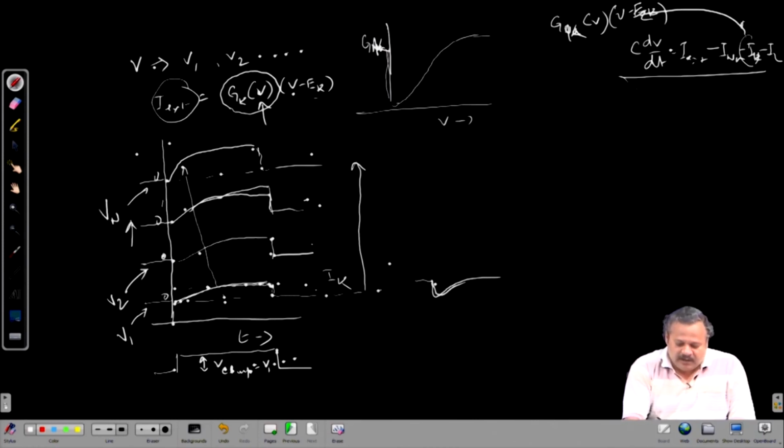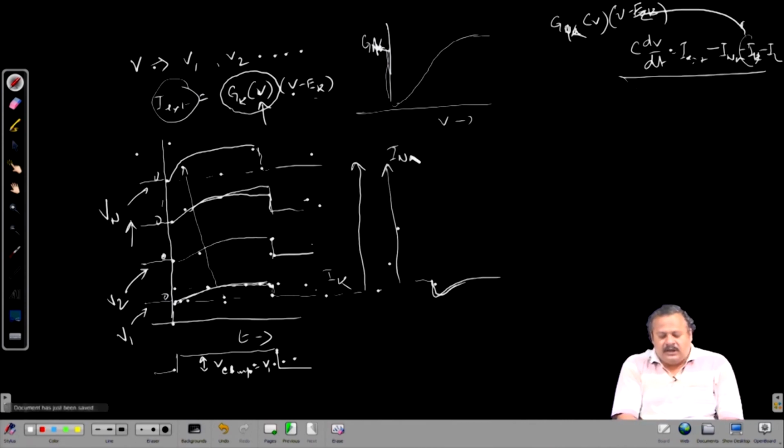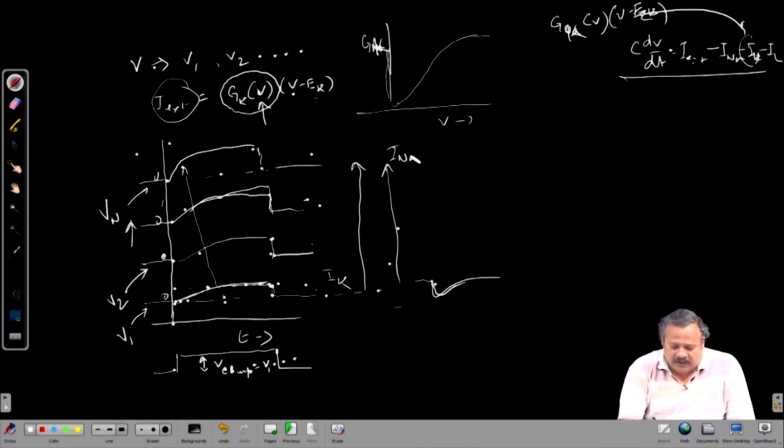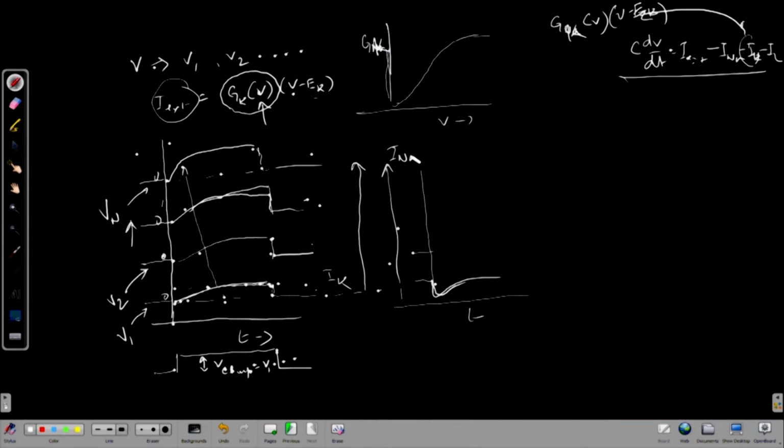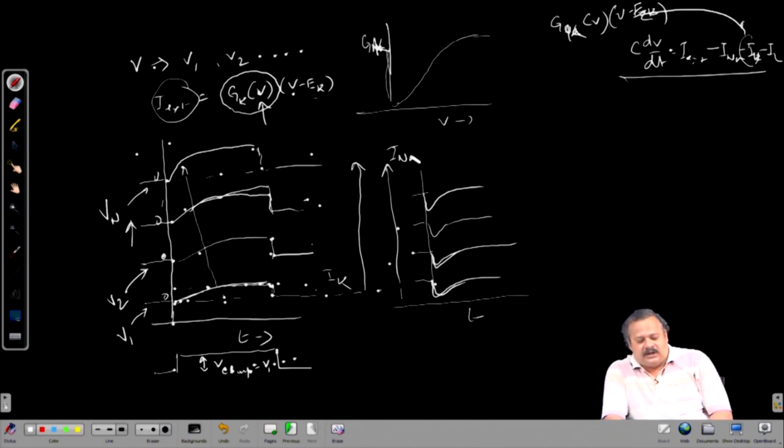Similarly, in parallel here, if we are plotting the I Na at the different V's that we have at different times, then what we will see is that there is an increase in the magnitude of the sodium current, and it reaches its final values faster and faster.